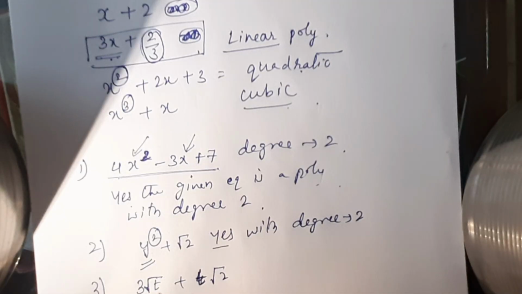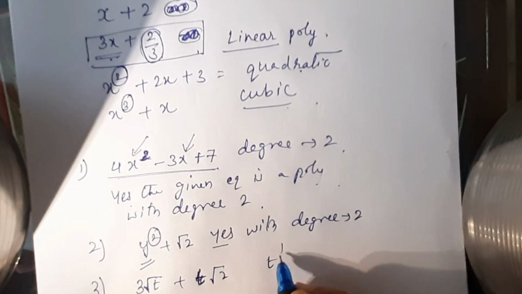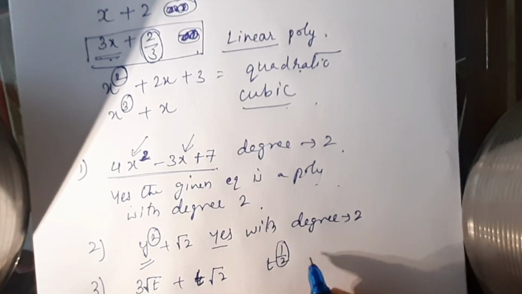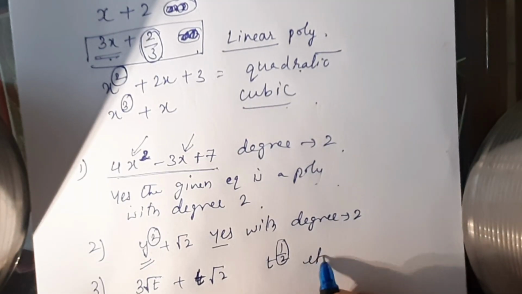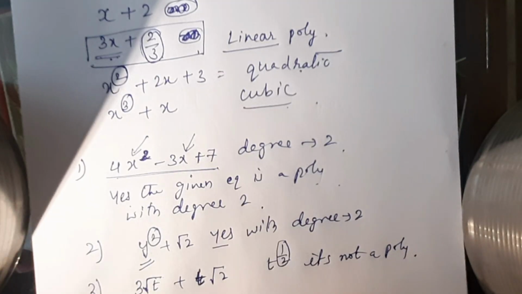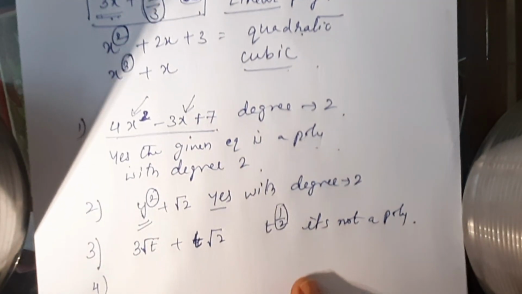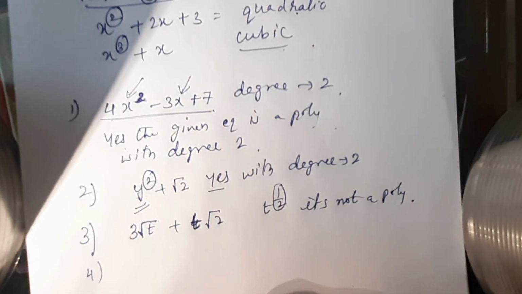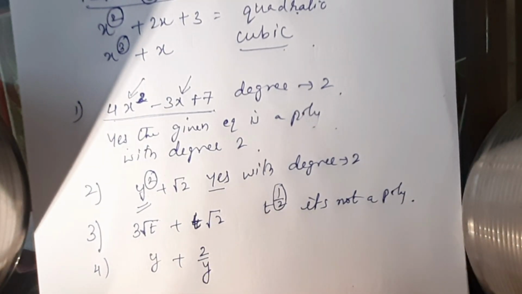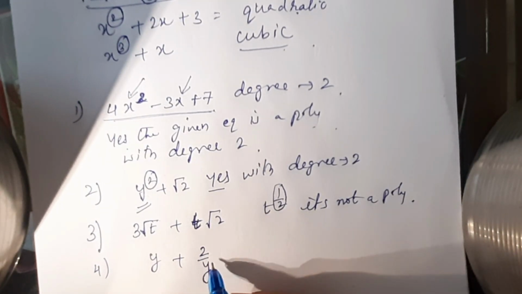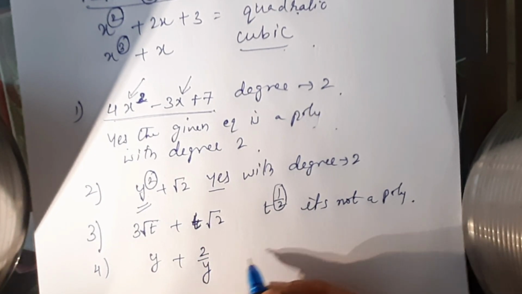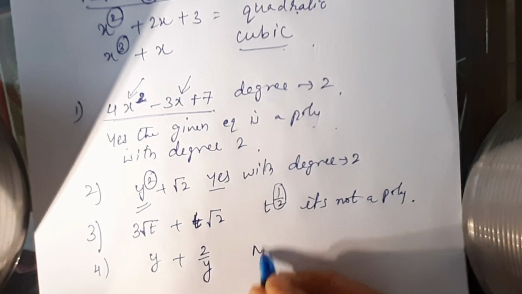Whenever there is a root on an alphabet, it means the power is half, and there should not be a power in fraction. So it's not a polynomial. Now the fourth question. It's given y plus 2 upon y. As I gave the condition, the alphabet should not be in the denominator. Here y is in the denominator. So this is also not a polynomial.